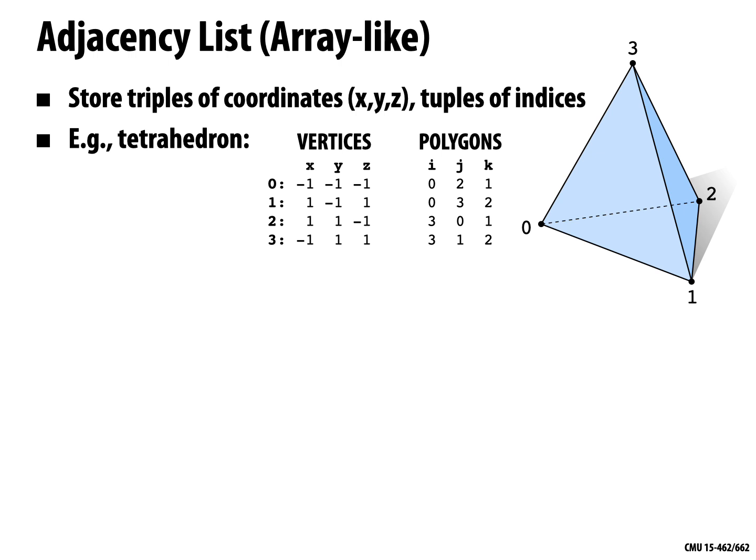The second list is going to say, how should those vertices get connected up into polygons? Okay, so the first row 0, 2, 1 is saying that we have a triangle made from those first 3 vertices. The next row 0, 3, 2 is saying we have a triangle made from, well, those 3 vertices.